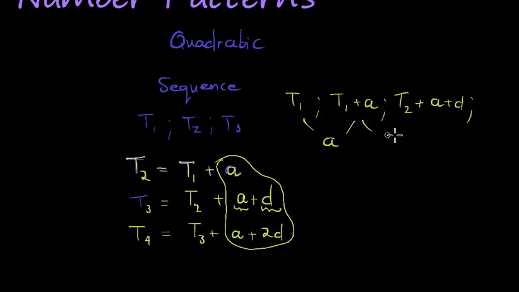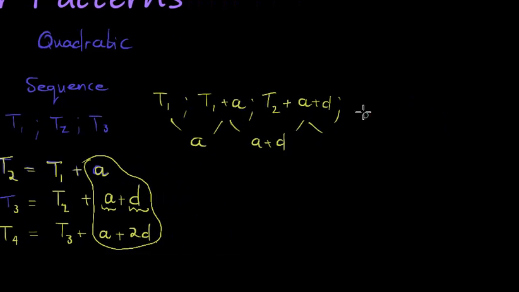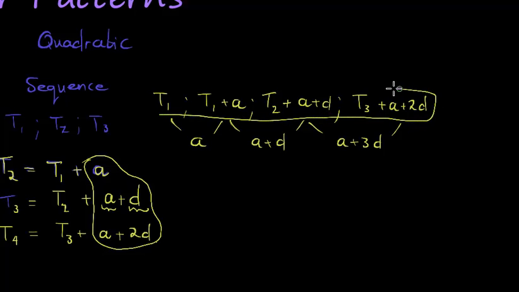So the difference between these two is a plus d. Term 4 is term 3 plus a plus 2d. So the difference between these is a plus 3d. So this will form what we call a quadratic sequence.